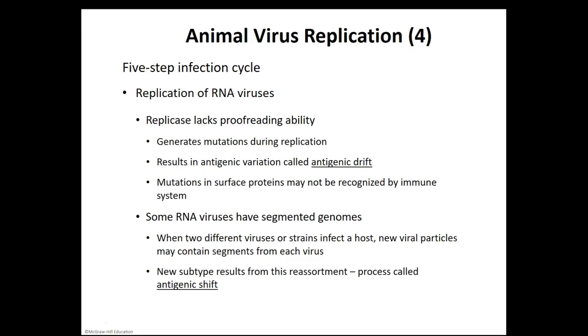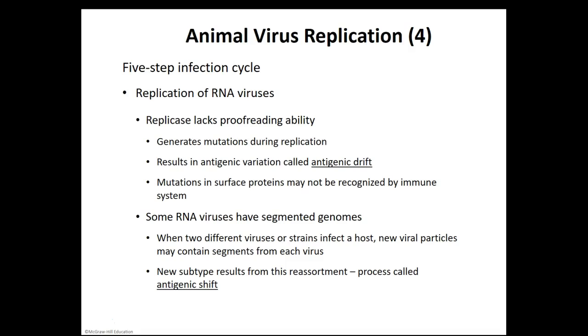At the end of the day, these mutations can make it more difficult for our immune systems to combat those viruses. This is called antigenic drift because, essentially, the mutation may cause a shift in the reading of that RNA molecule, and, for lack of a better way of putting it, it drifts to the next codon.